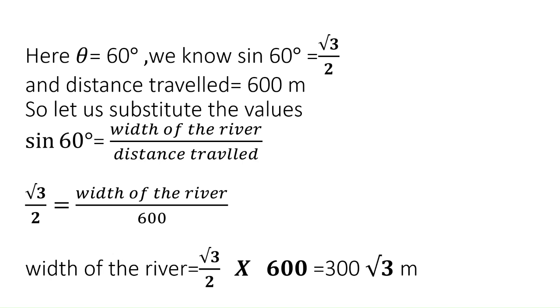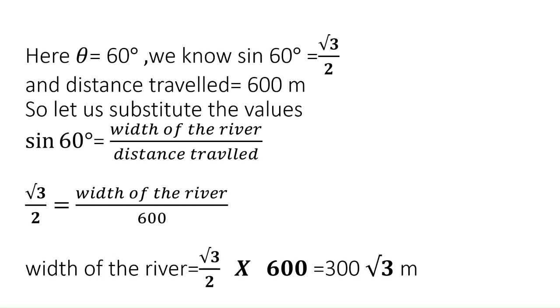Sine 60 value we are substituting here: root 3 by 2 is equal to width of the river by distance traveled, 600 meters. Just transposing the term to find the width of the river, width of the river is equal to root 3 by 2 into 600. That is nothing but 300 root 3 meters.